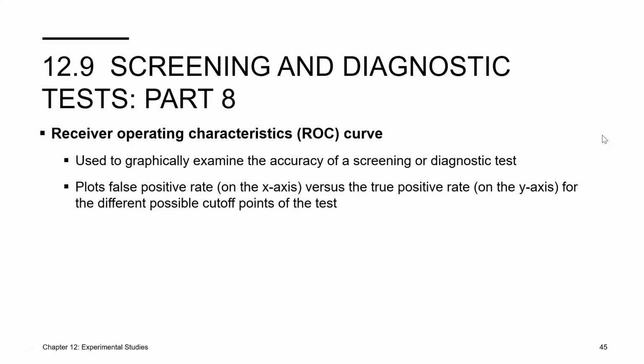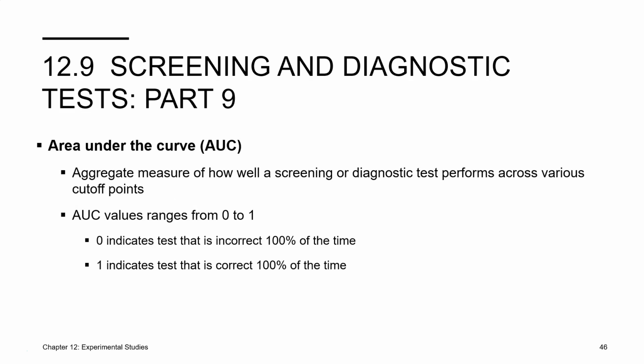So another way of looking at diagnostic accuracy is a receiver operating curve, and these are calculated by statistical programs like Stata and SAS. It's used to graphically examine the accuracy of the test, and it plots the false positive rate on the x-axis versus the true positive rate on the y-axis for different possible cutoffs. Then the area under the curve is calculated with a receiver operating curve.